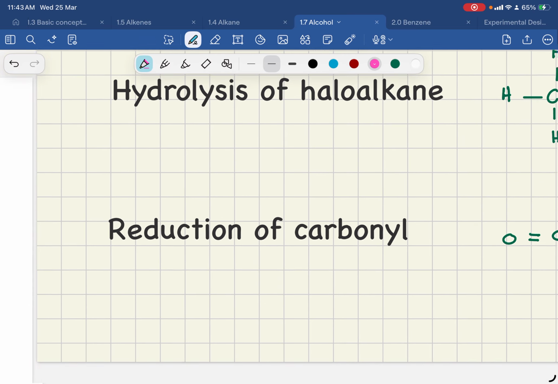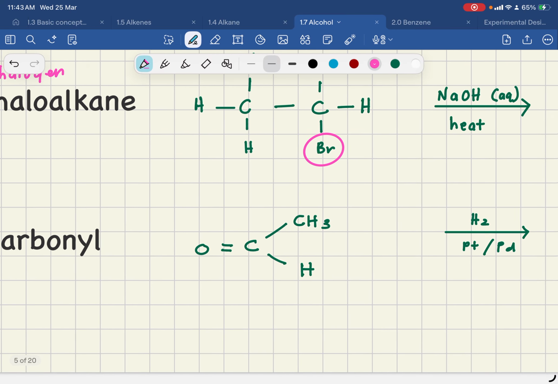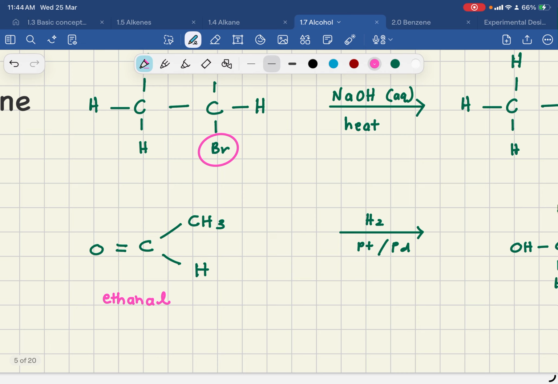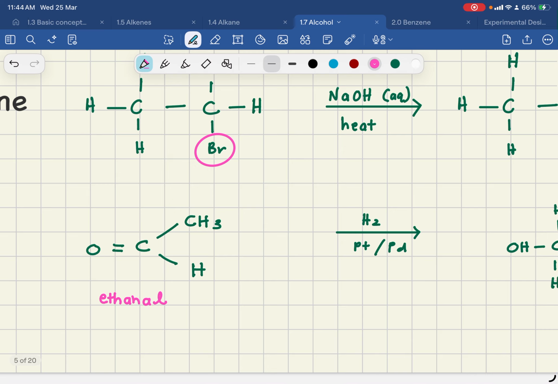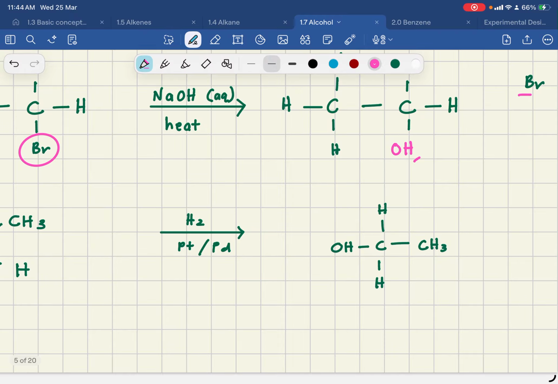And last but not least, reduction of carbonyl compound. Here we have ethanal, an aldehyde. When we undergo reduction, remember that reduction is the opposite of oxidation, so we add hydrogen. We use hydrogen and platinum as catalyst.